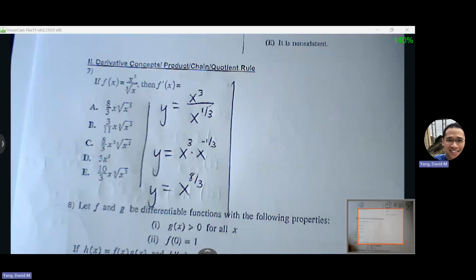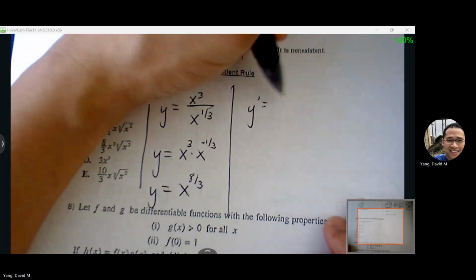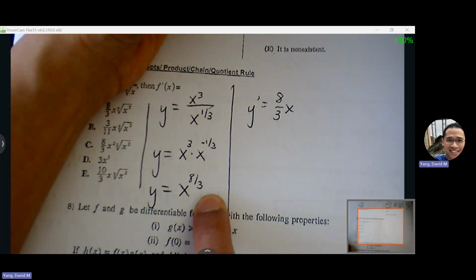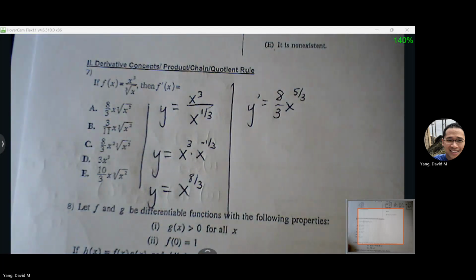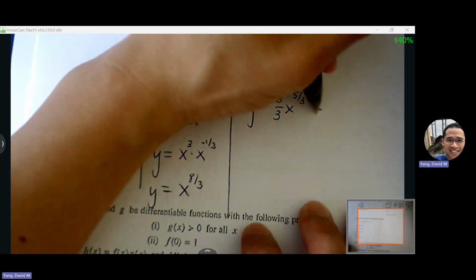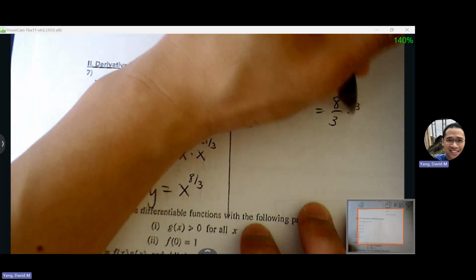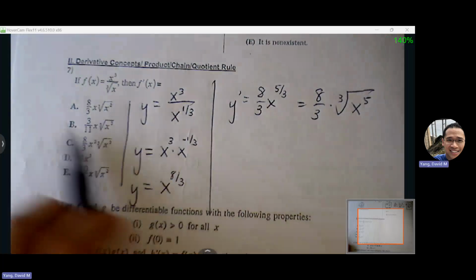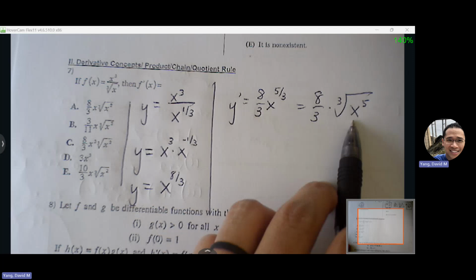So we can just find the derivative at this stage, right? X to the 8/3. So y prime is equal to power rule. Subtract 1 from the exponent. And that's just equal to 8/3 times the cube root of x to the 5th, which if we try to keep going here, for every 3 x's, we can pull 1 out.